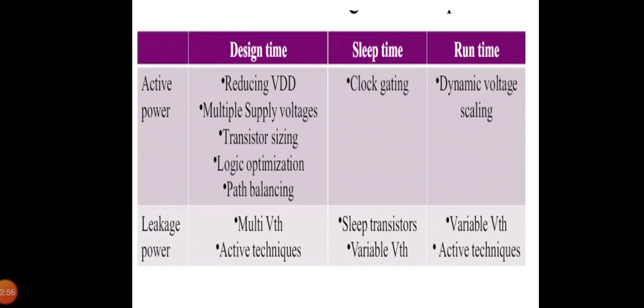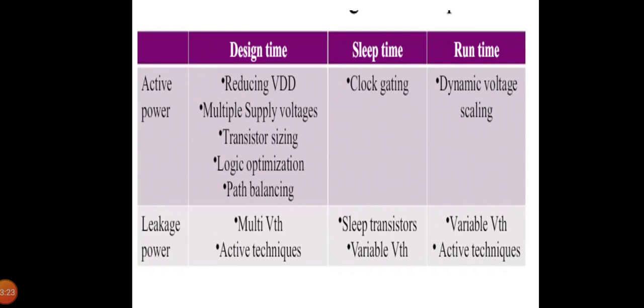Here you can see the active and the leakage time for the constant throughput and variable throughput latencies. In design time, lower VDD, multiple VDD, transistor sizing and logic optimization can be done. In sleep mode, clock gating can be utilized to reduce power consumption.